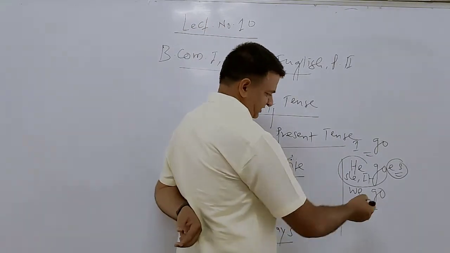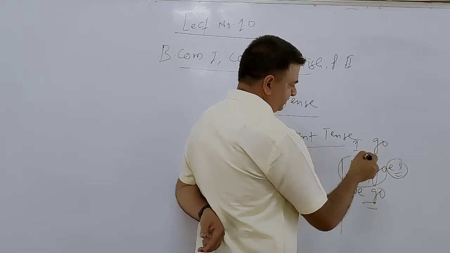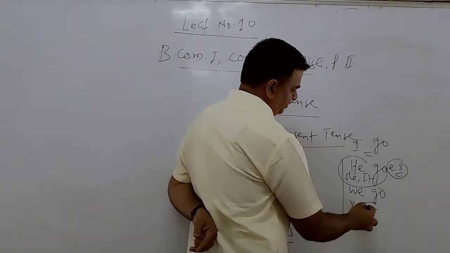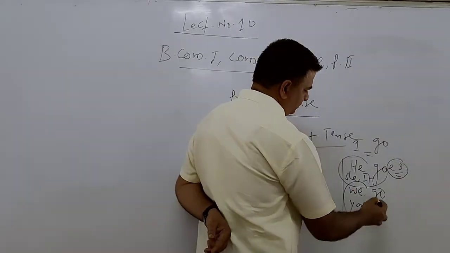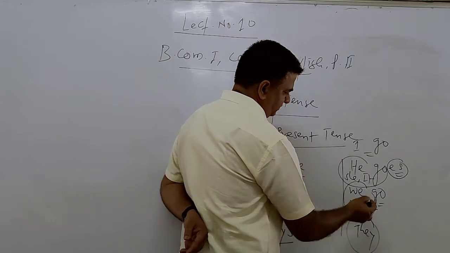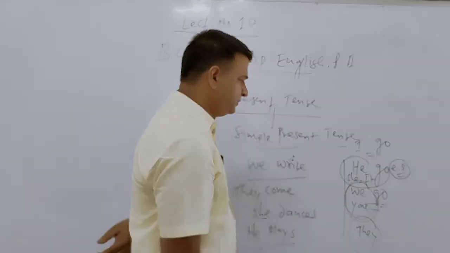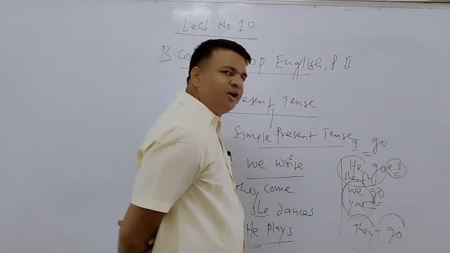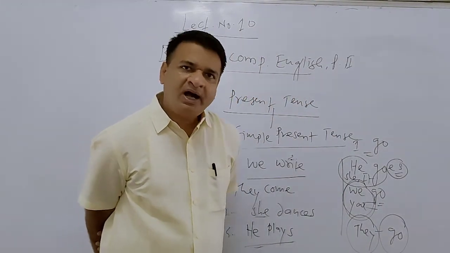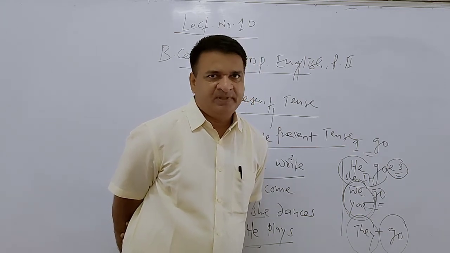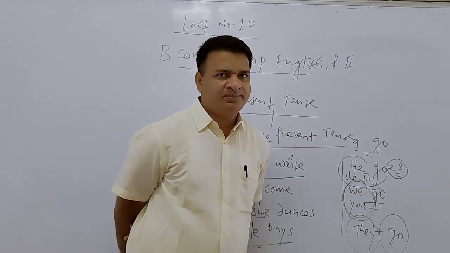And the second person, we use, we go. And the third person, plural number, we use, they go. So the basic form of go remains as it is in the case of I, first person, we, you, second person, and they, third person.